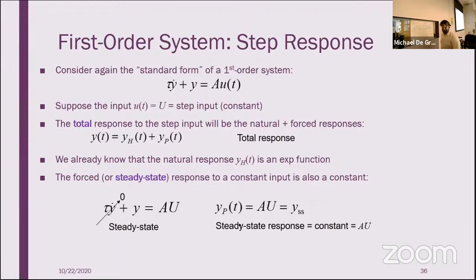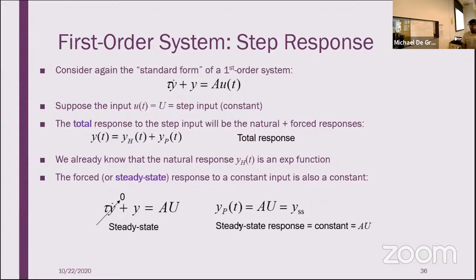At steady state, if I take my equation and I evaluate this at steady state where u of t is equal to my step function, right? At steady state, the time derivative goes to 0, because it's steady. Nothing is changing with time. So I'm left with y is equal to a times u. And so my particular solution is my steady state solution.